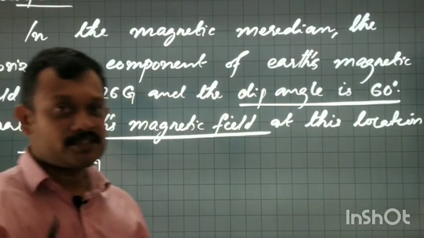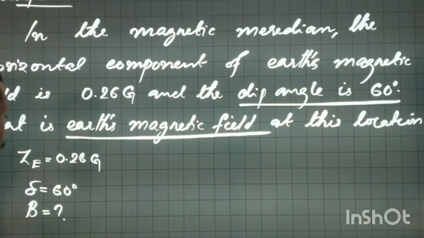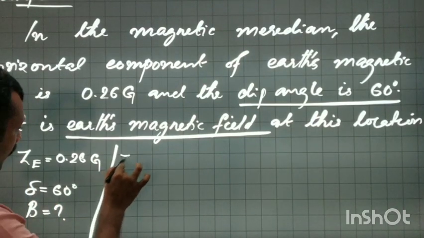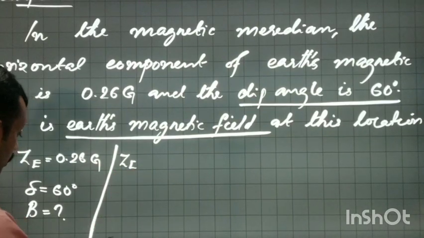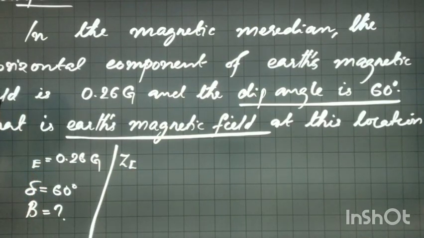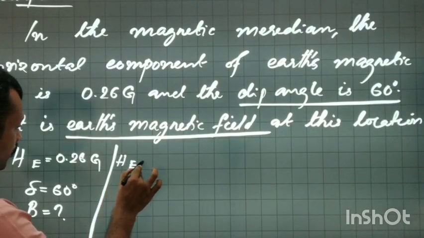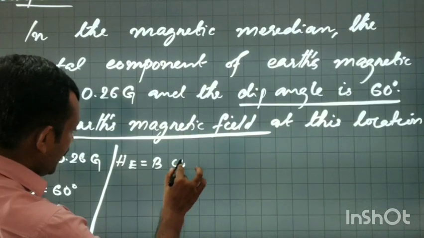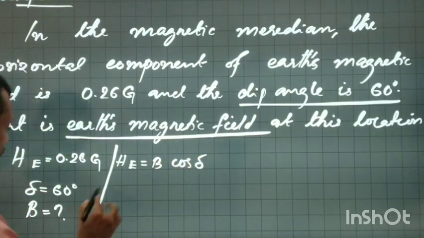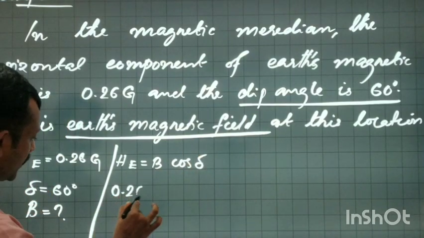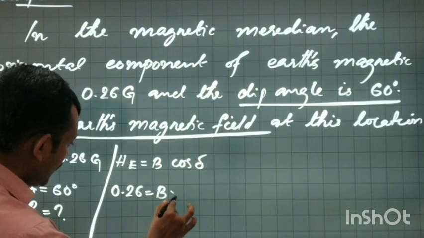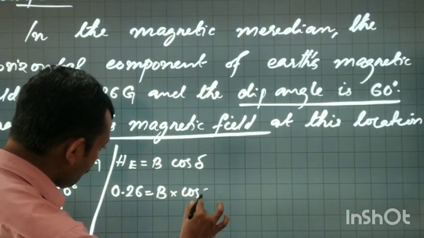What formula shall we use in order to solve this question? We have the formula for HE, the horizontal component, which is what is given. HE is equal to B cos delta. Substituting the values, 0.26 is equal to B into cos 60.